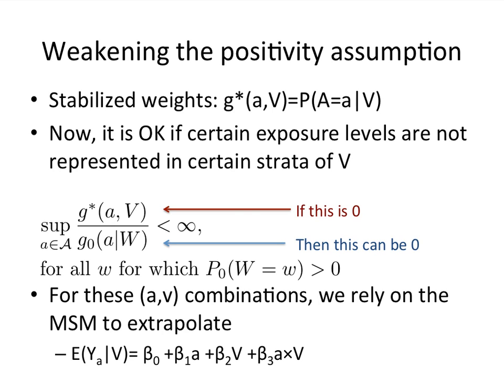Again, just adding the V here. It doesn't mean that you have to have every level of V. I mean, V can be a continuous variable, right? If it's really continuous, like age, you're not going to have every age in there.